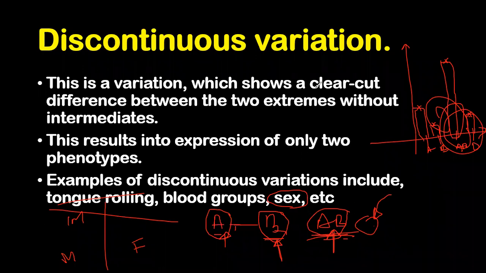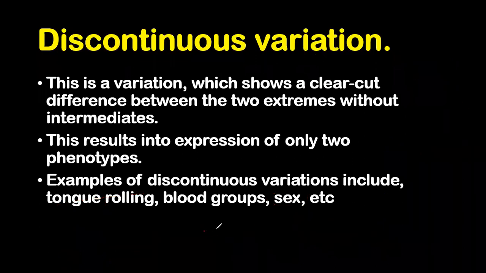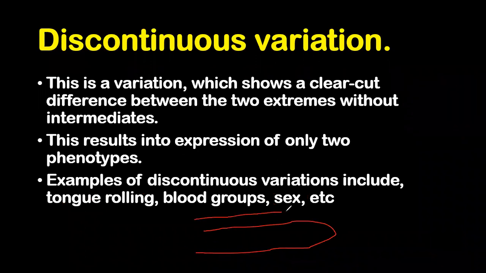If this is your tongue, this is the longitudinal axis, and this is the cross-section or transverse. Now I want you to coil it longitudinally, like this, within your mouth.